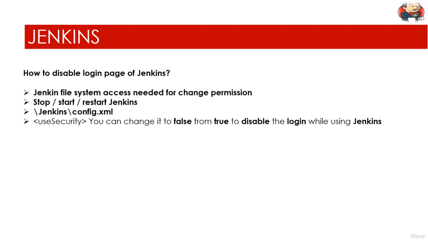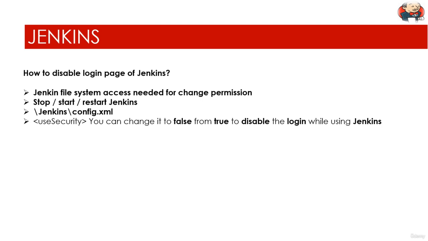Let's say you installed Jenkins and configured your users, and your user is in the local Jenkins database. There are many cases where you forget the password of the administrator user and you are not able to do anything.